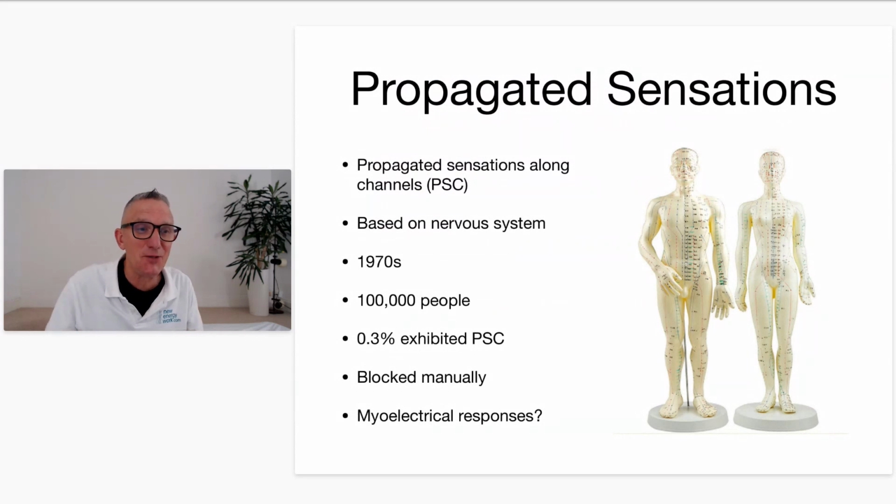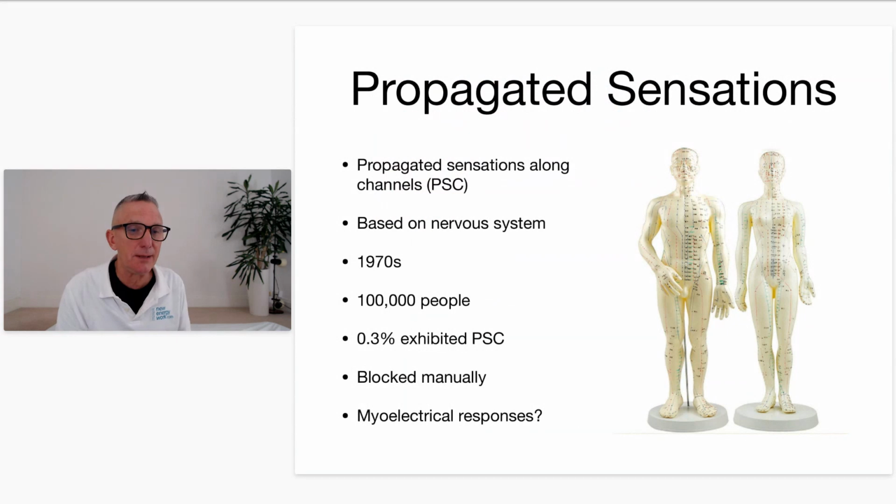They had 100,000 people. Can you believe that? It's got to be China. 100,000 people. But look at the results. So disappointing. Only 0.3%, although that's quite a lot out of 100,000, actually exhibited PSC. They also found they could block it manually, and I think this is really interesting.